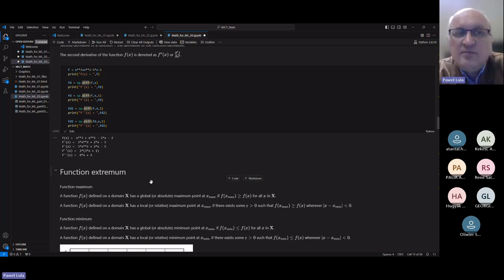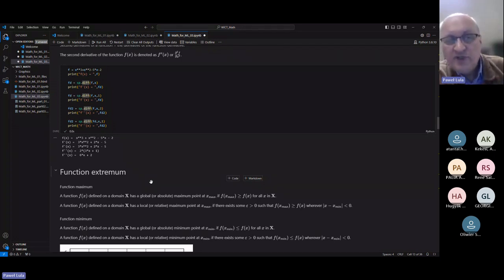Why? Because during the learning process, we try to minimize a criterion function. We want to find parameters for which the value of a criterion function is the smallest or the biggest.